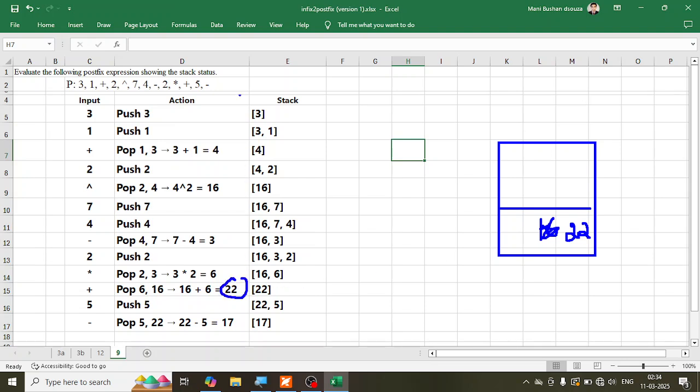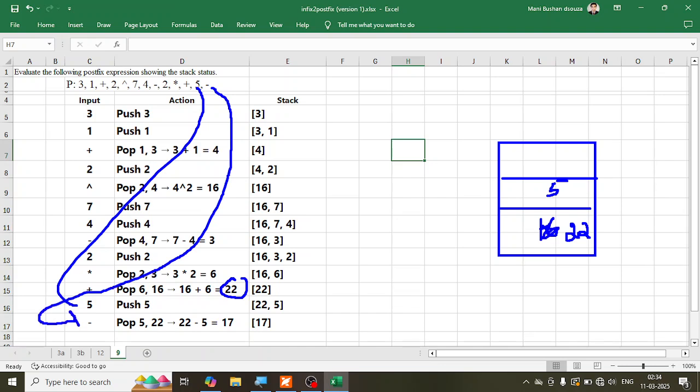Now, what we have next is 5. So just push that 5 onto the stack. Then take the minus from the expression. So when you have this minus, pop the two elements.